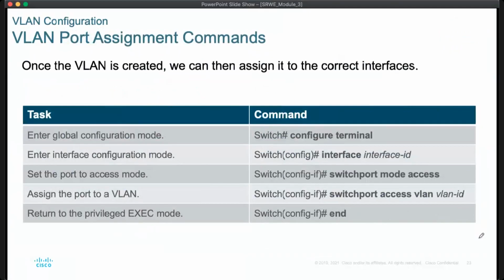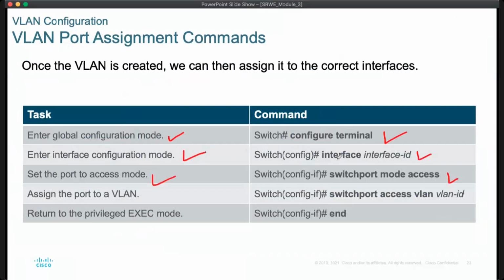Once the VLAN is created, you can then assign it to the correct interface. First, enter the global config mode with this command, and then choose the interface. Enter the interface configuration with this command, and then set the port to access mode with switch mode access.